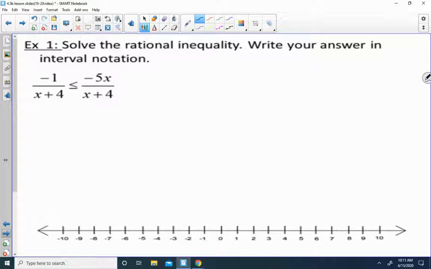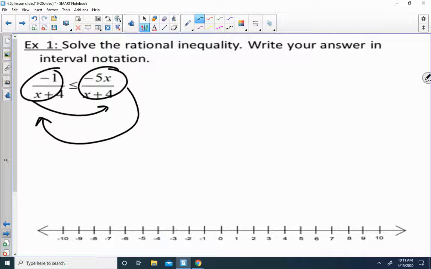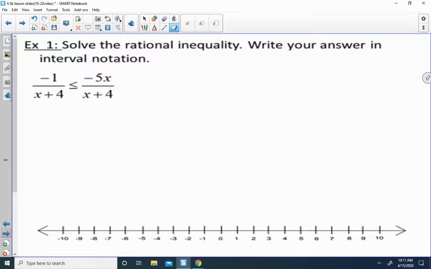I can either move this fraction over, I can move the -1x plus 4 over, or I can move the -5x over to the other side. Either way works. But for this example, I'm going to go ahead and move the -5x over.